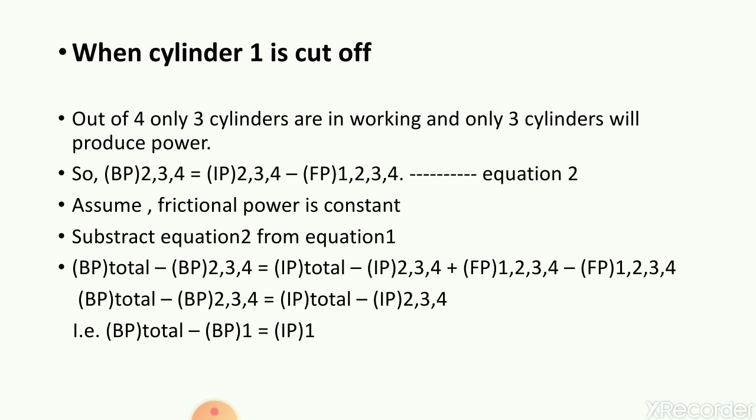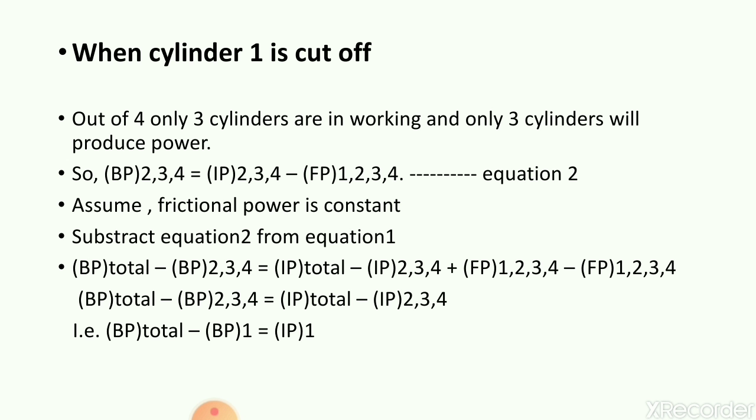So finally we get the total brake power minus the brake power produced by the 3 cylinders equals the total indicated power minus the indicated power produced by the 3 cylinders.